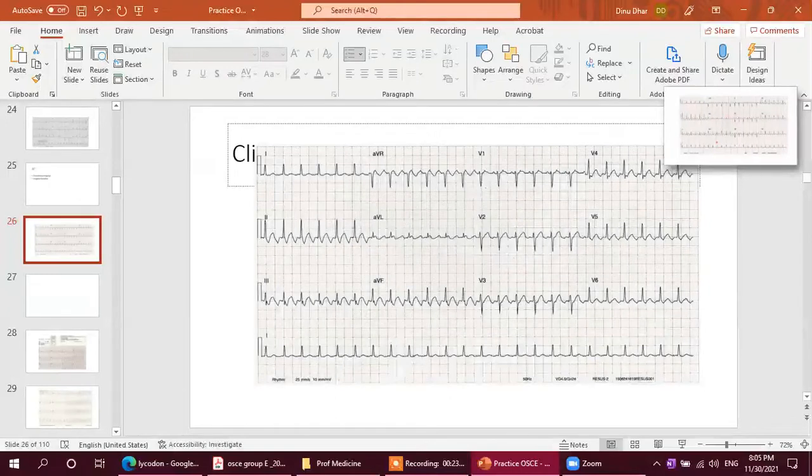What do you see in the inferior leads, 2, 3 and AVF?